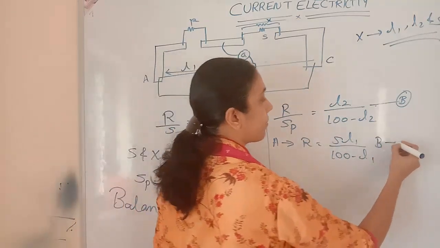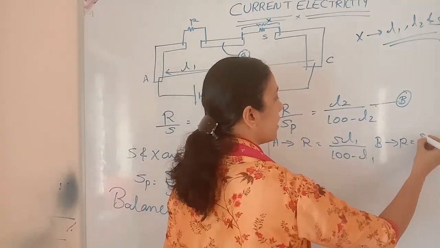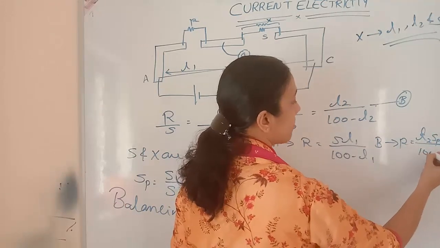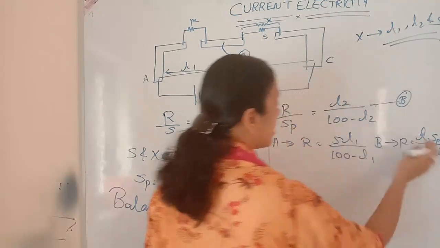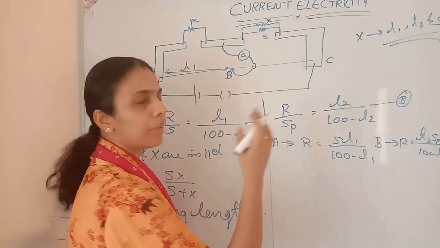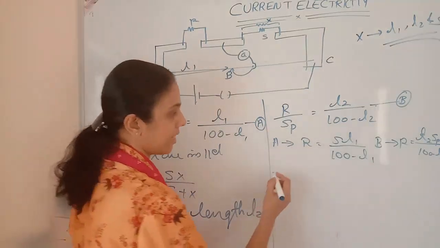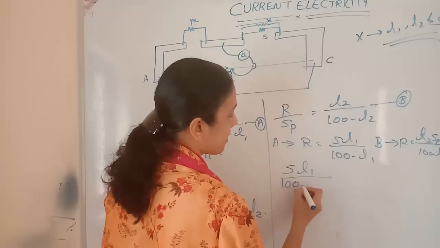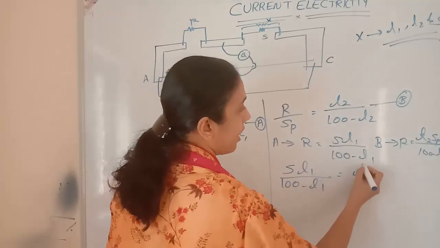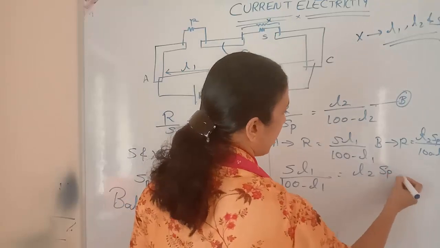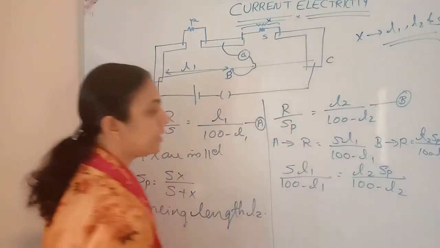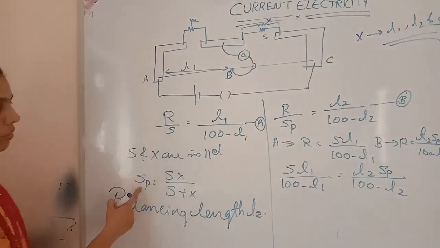From B, I can write R equals L2 into SP divided by 100 minus L2, right? Both are R, so I am equating the right hand sides. S L1 divided by 100 minus L1 equals L2 into SP divided by 100 minus L2. Now we have the value of SP.